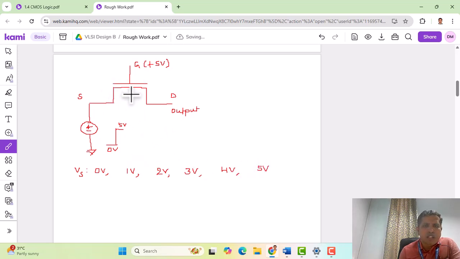Let's assume that this NMOS transistor has a threshold voltage Vt equal to 1 volt. This is an assumption.